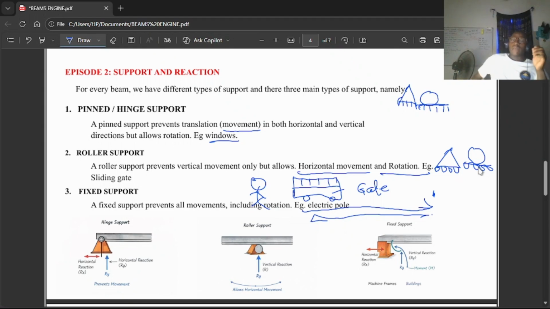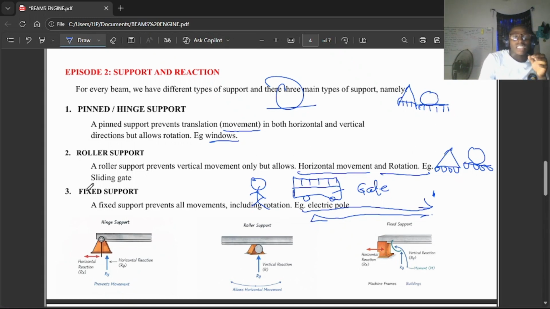But most of the time, you are just going to see a circle and this. Sometimes they will leave it like this as your roller support, and sometimes they will give you this. It depends on how the question is given. Am I communicating? So keep your eye out to identify your hinge support and your roller support.